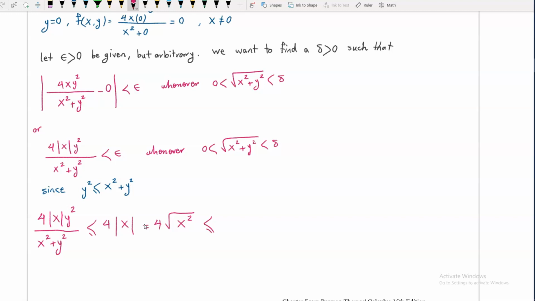And this is less than or equal to 4 times the square root of, here again we can use x squared less than or equal to x squared plus y squared. So this is the same as what I did on this part.